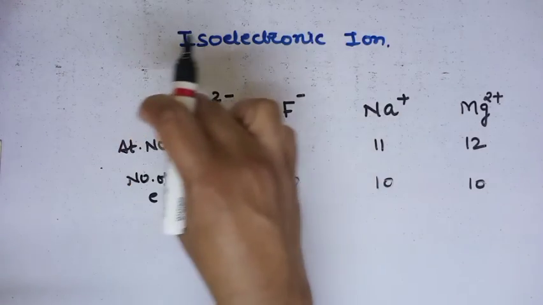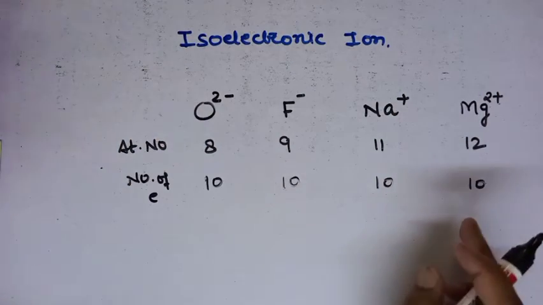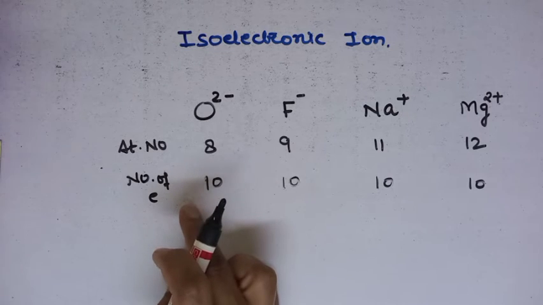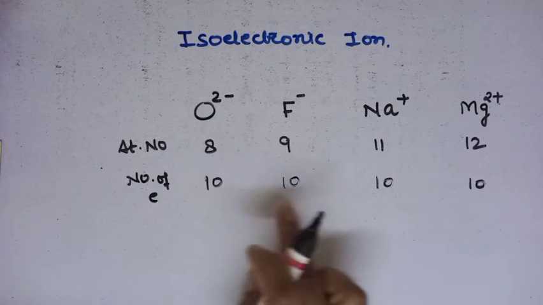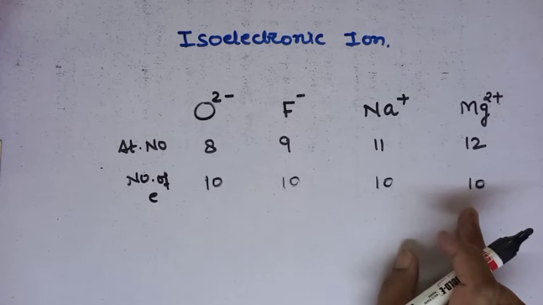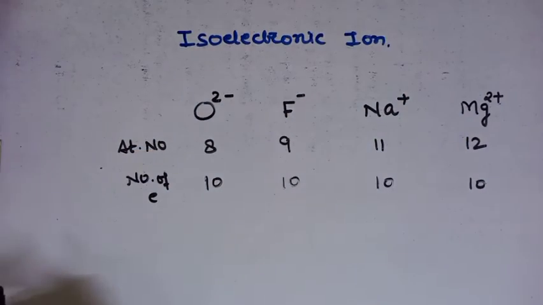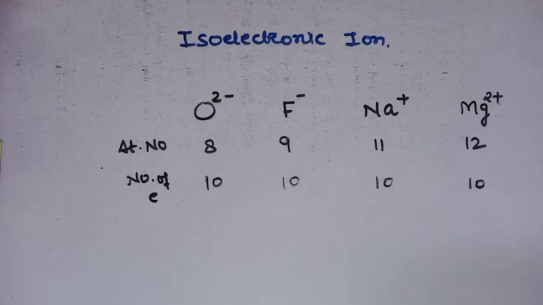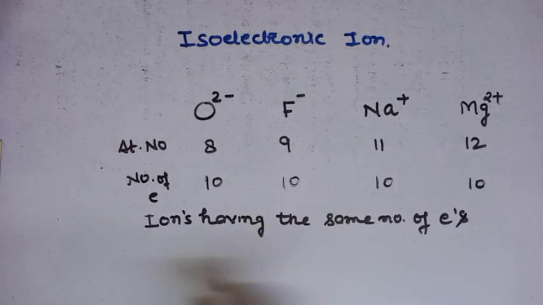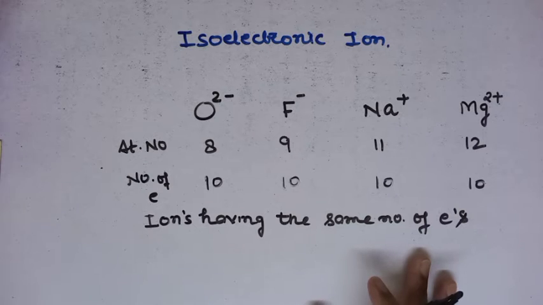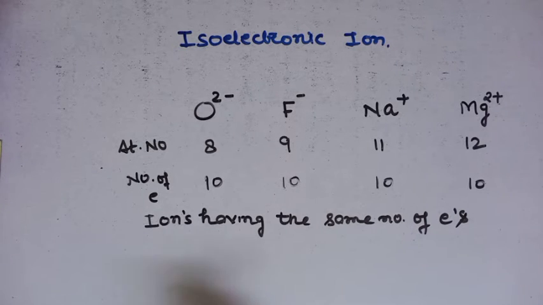So all these ions have the same number of electrons. Such ions which have the same number of electrons are called isoelectronic ions. So you can write, ions having the same number of electrons are isoelectronic ions.